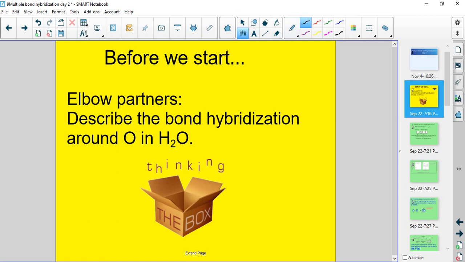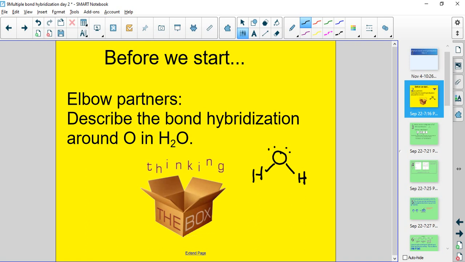Okay, so oxygen, just reviewing VSEPR here, we know to be a bent shape with two unbonded lone pairs, followed by two hydrogen atoms at these approximate angles.